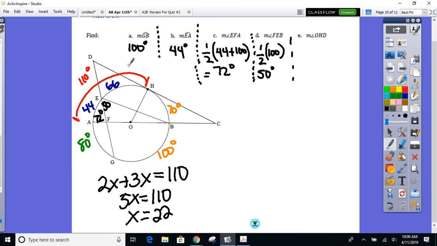It's not needed. Yes, Paul? Why is it 90 degrees? What's DHC, everyone? Tangent. What's OH? Radius. When those two meet, you have a right angle. 90 degrees.